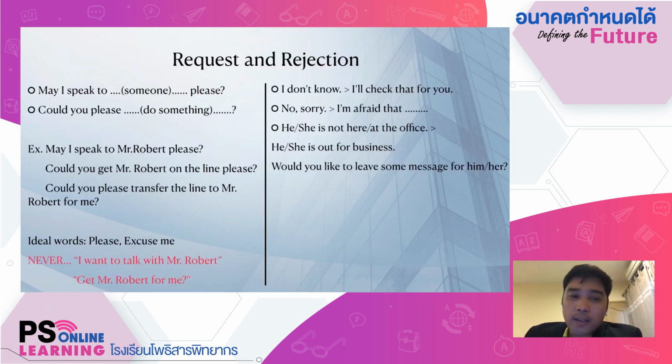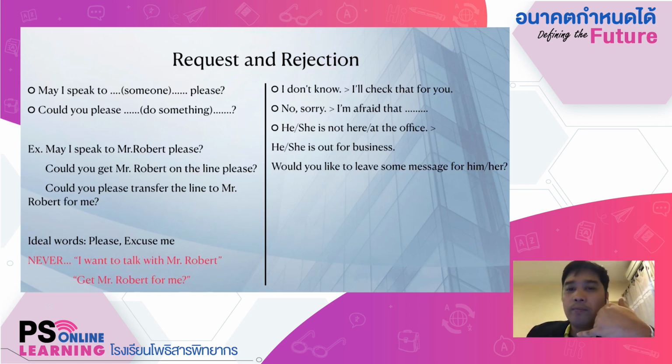Okay, next, requests and rejections. Requests and rejections in telephone calls may be easy and may be hard. Okay, so requesting. If you call someone and you want to speak to someone else, you may ask, "Hello, may I speak to someone, please?"